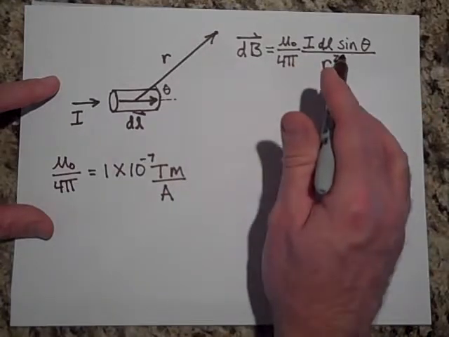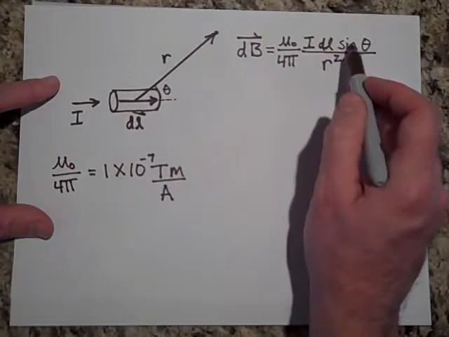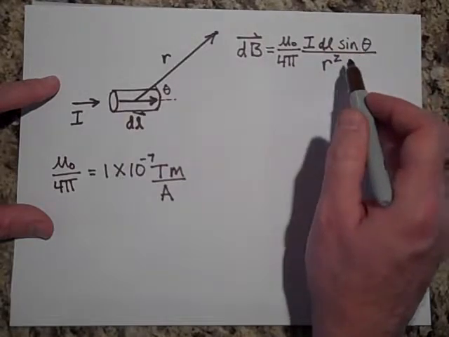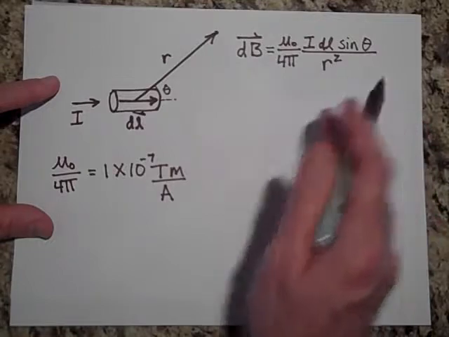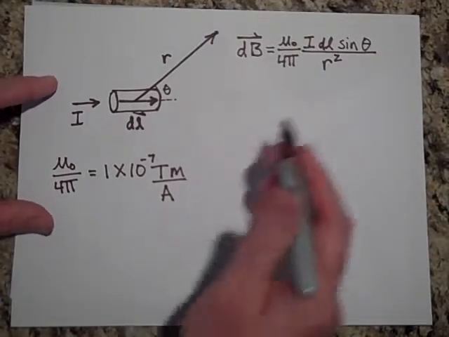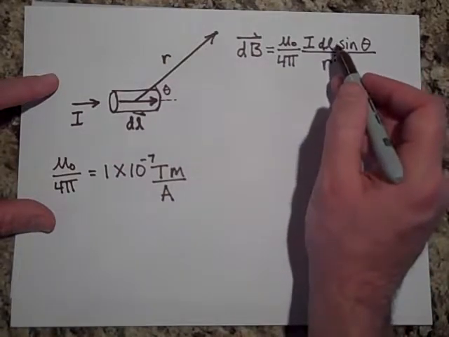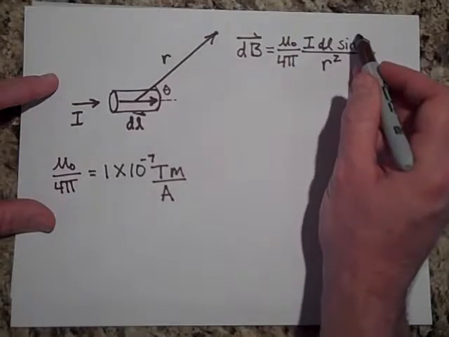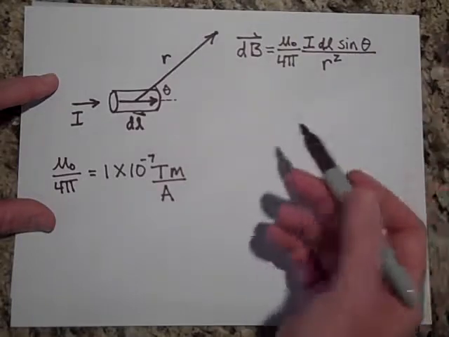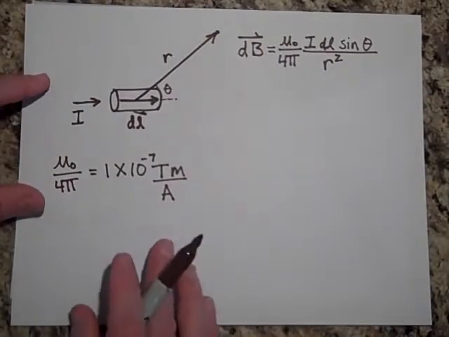There's a cross product in here. You could say it's I dl, that vector, cross r, and then you would have an r cubed down here. Another way to do that also is to use a unit vector, and I won't go into that, but maybe your book has I dl cross a unit vector, and the unit vector has a magnitude of 1, so that's why that's still just r squared down here.